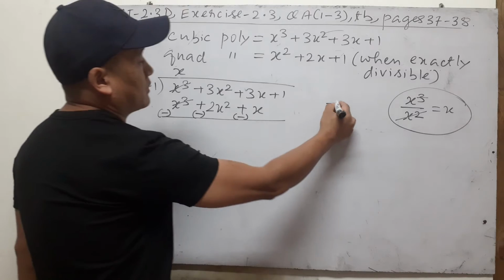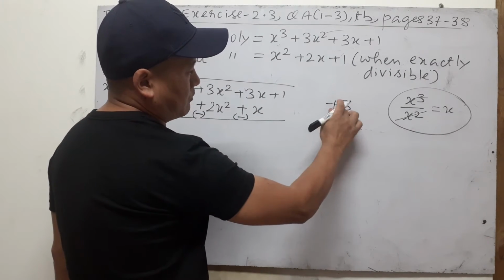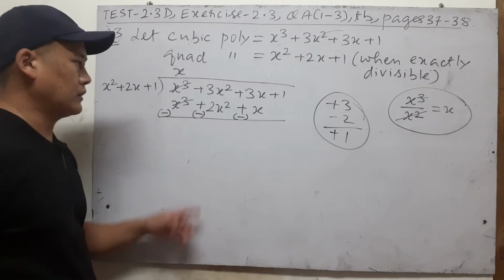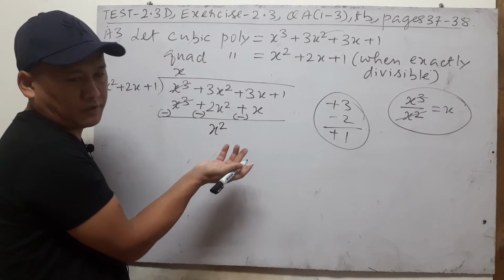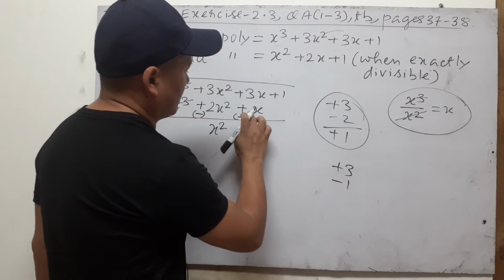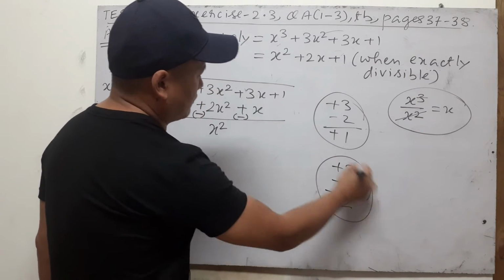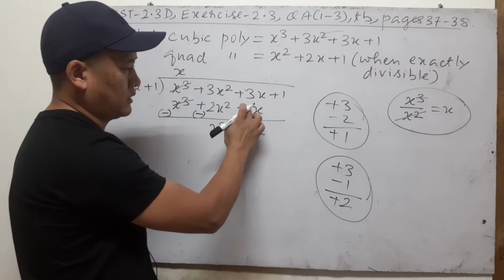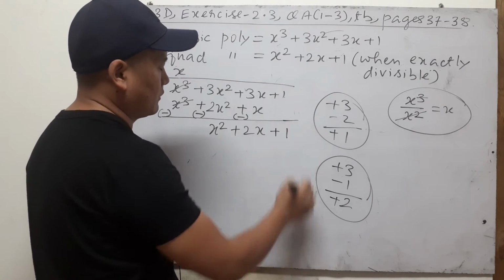Then plus 3x squared and minus 2x squared is plus 1x squared, which is simply written as x squared. Plus 3 and minus 1, that is 3 minus 1, 2, bigger one plus. So plus 2x; 3x minus 1x is plus 2x.